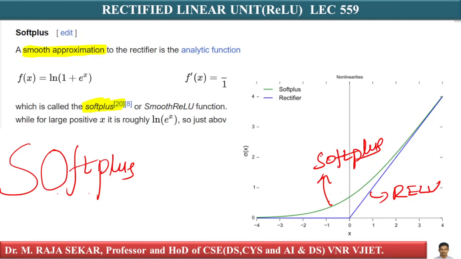The blue line which I am highlighting here is the ReLU activation, but we said ReLU is not differentiable at 0. So people asked, is there a smoother approximation to the ReLU? Such a function is called the softplus function. The softplus function is interesting.